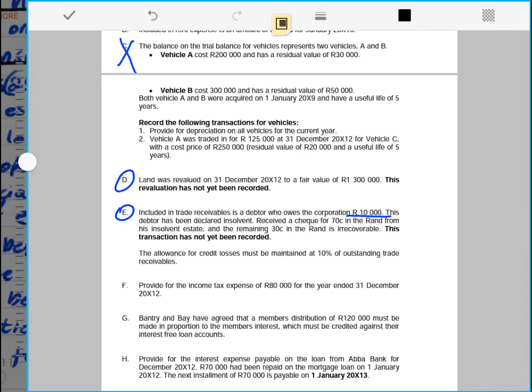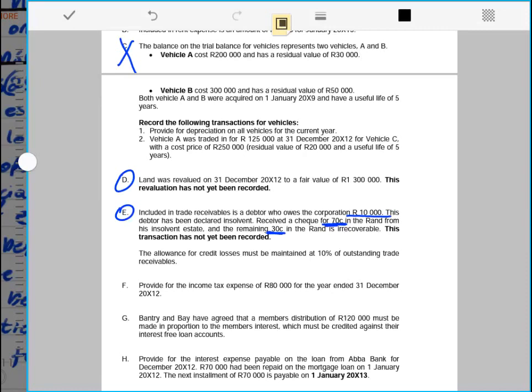So though this debtor was declared insolvent, 70 cents, which is 70%, was received. So if 70% was received, it definitely means that 30% will never be received or is irrecoverable.